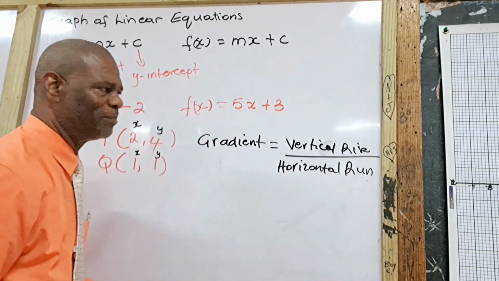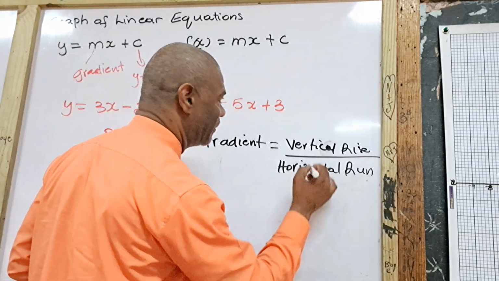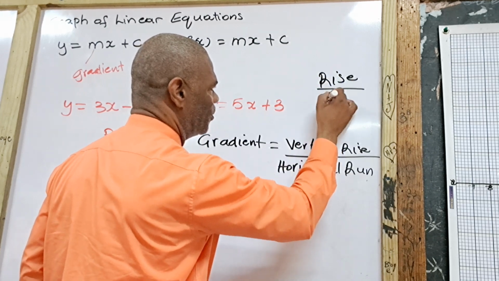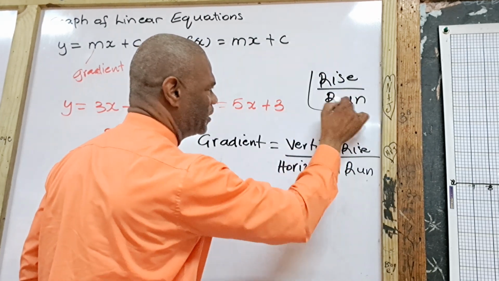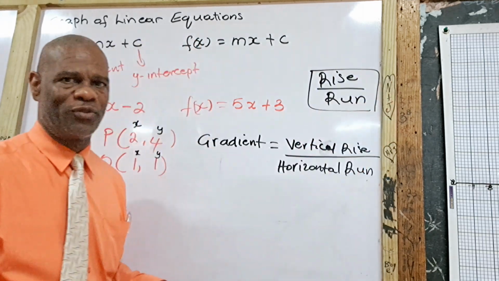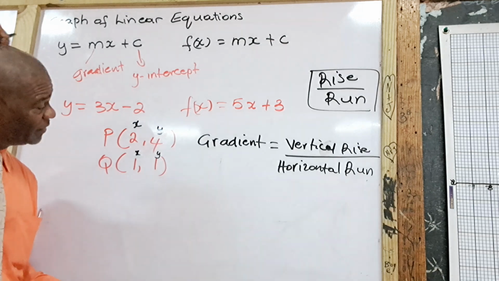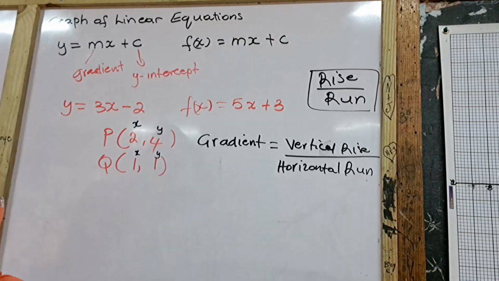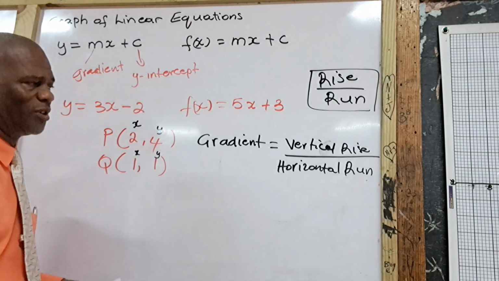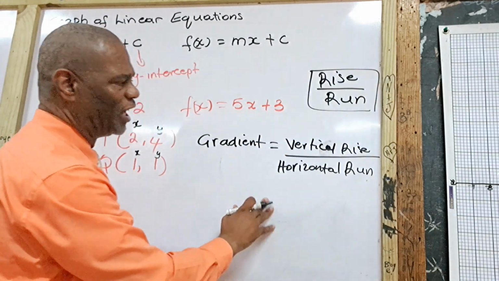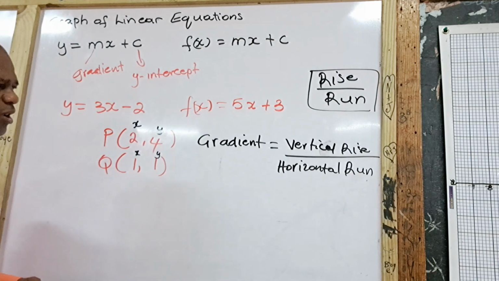Or some persons simply say rise over run, and I'm going to write it here. So rise over run. Right? Some persons simply say that, rise over run. Right? But the gradient is found by taking the vertical rise over the horizontal run, or we say the ratio of the vertical rise to the horizontal run.